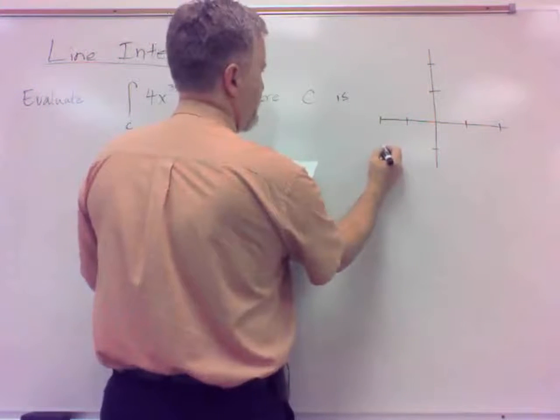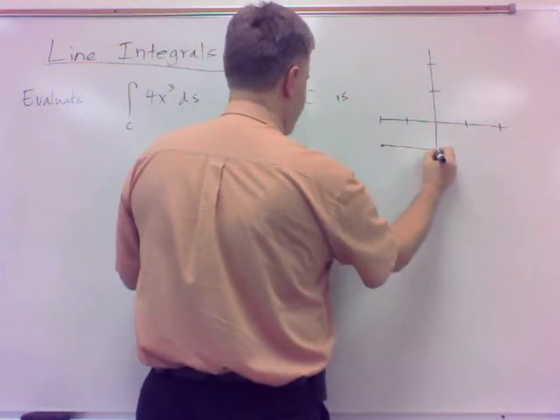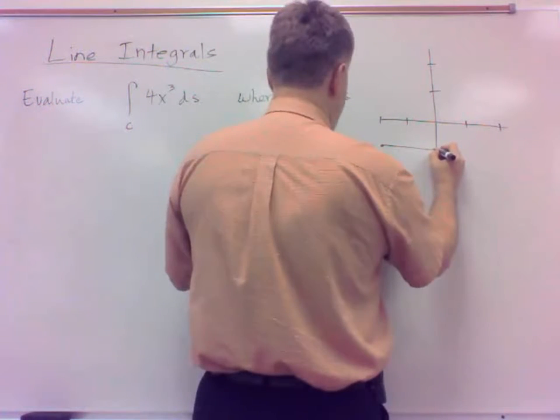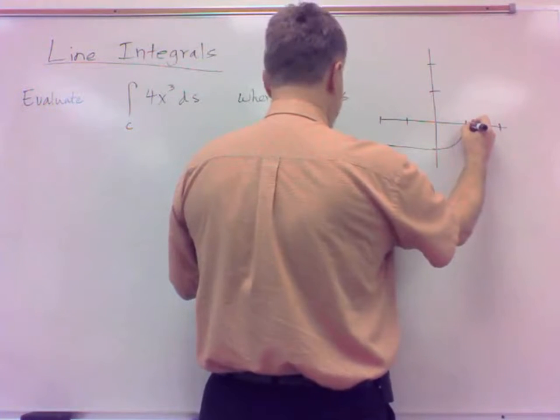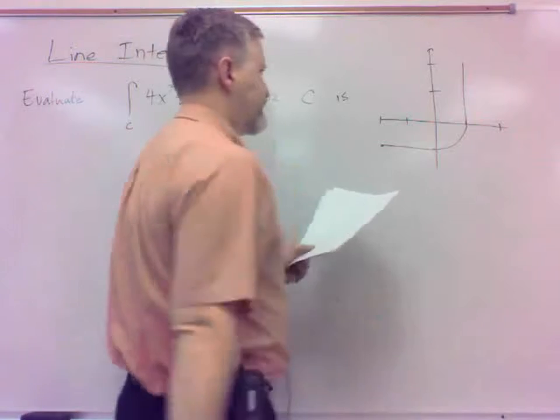Okay, it starts here, and it's just a horizontal line till we get to -1 there, 0, -1. Then it curves up to +1, and then it goes straight up to y = 2 there.